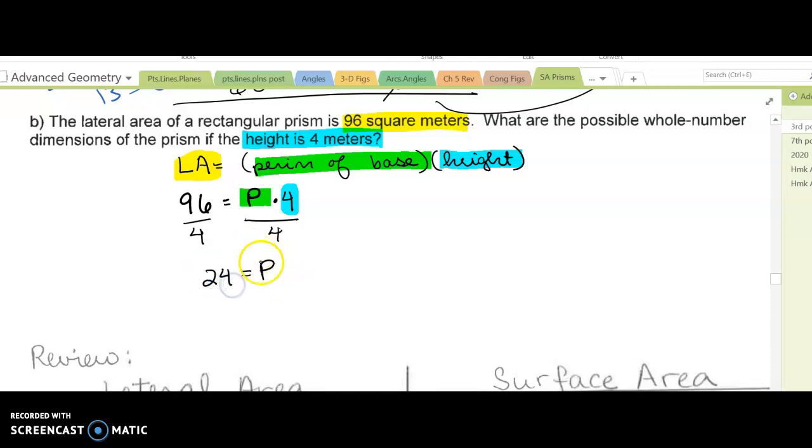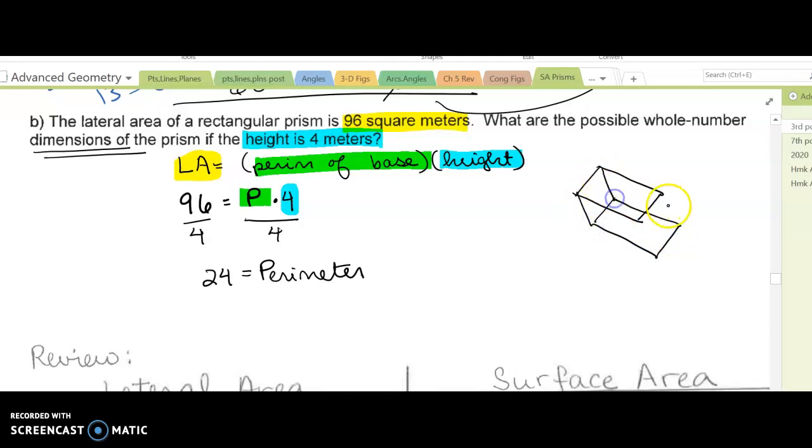Now keep in mind, what did P stand for? It was the perimeter. What this question is asking for is the dimensions of the base. So if I have a rectangular prism, my length and my width are different, and I don't know my length or my width.